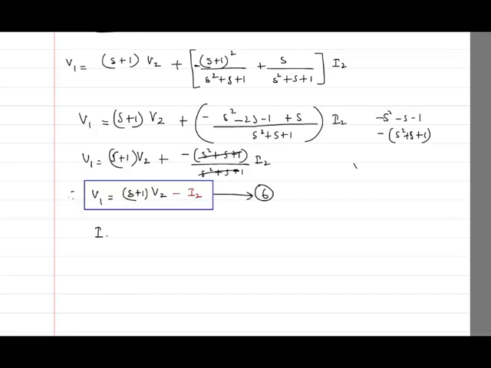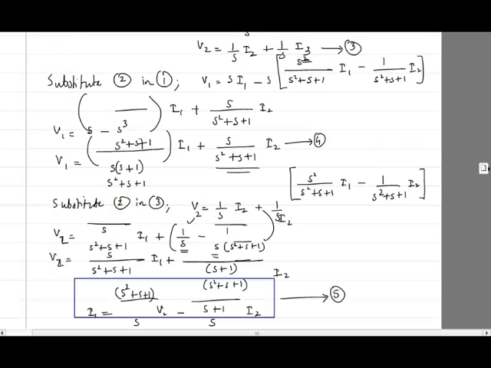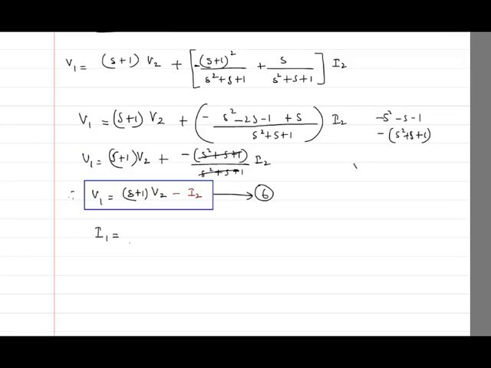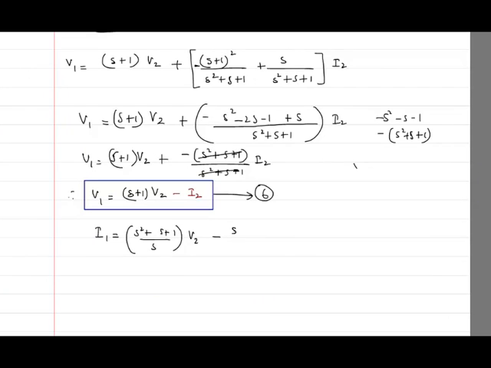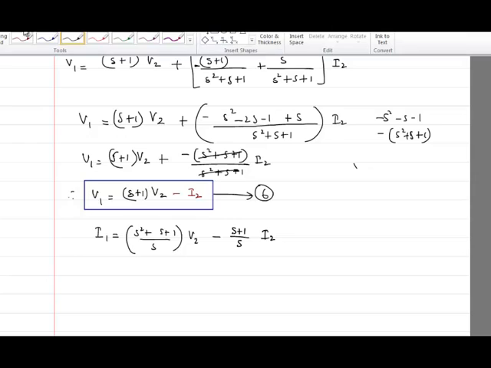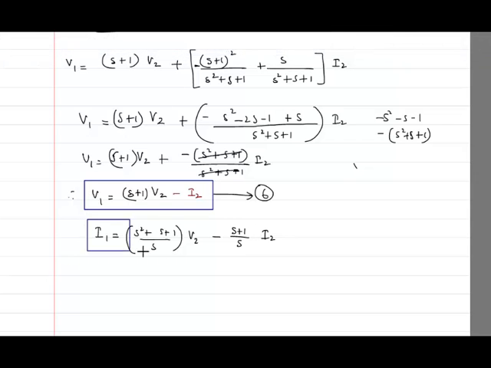Equation number 5 was I1 is equal to s square plus s plus 1 divided by s into V2 minus, remember it was minus, s plus 1 by s I2. So this was equation 5. Because it was on the other page, I wrote it here.